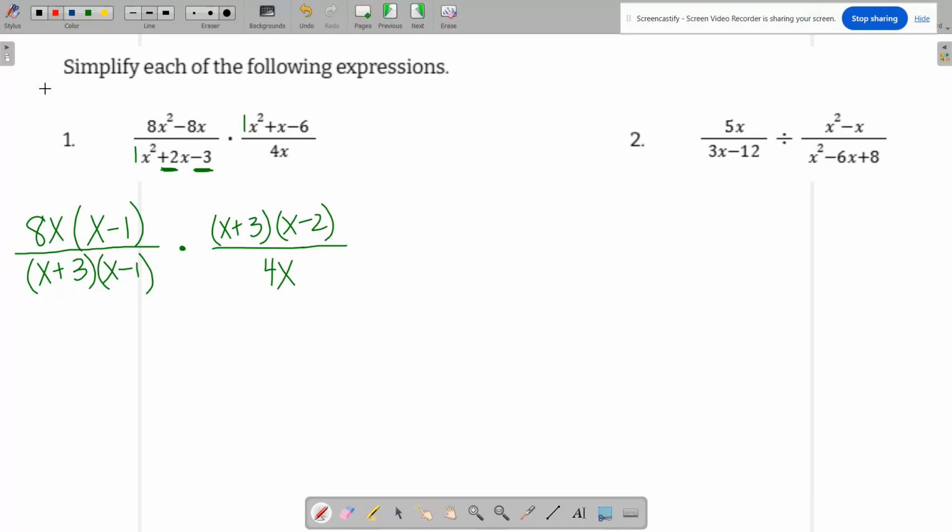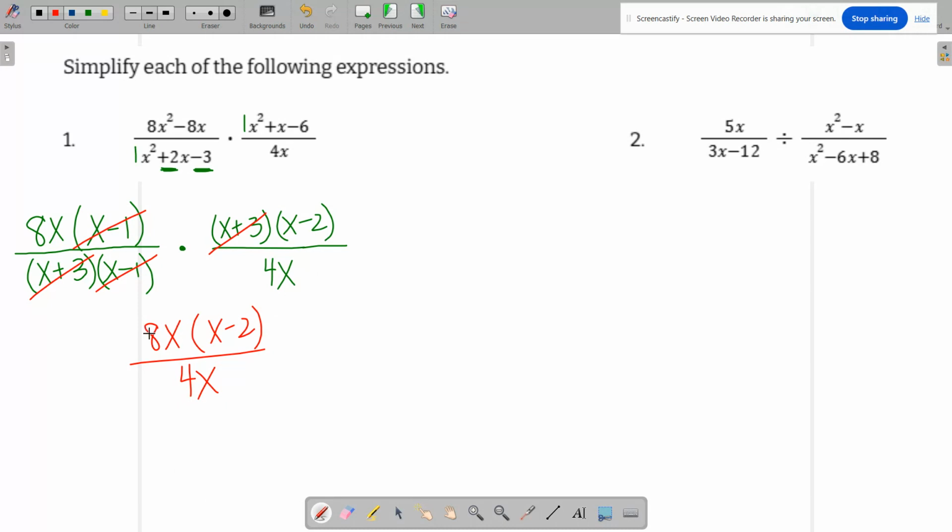So now we're looking for factors that we can simplify. A factor of x minus 1 in both the numerator and denominator simplifies to 1. A factor of x plus 3 in the numerator and denominator simplifies to 1. I can see right now that I have 8 times x minus 2 over 4x. I'm just rewriting that so you can see it a little bit better.